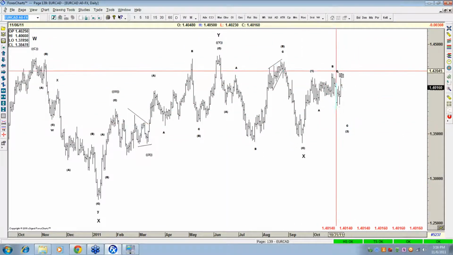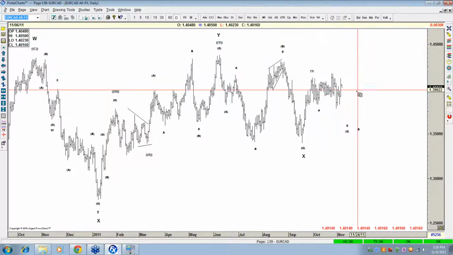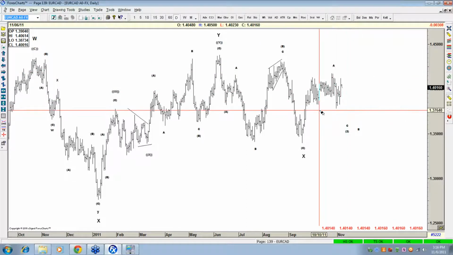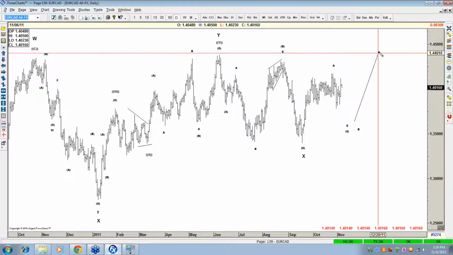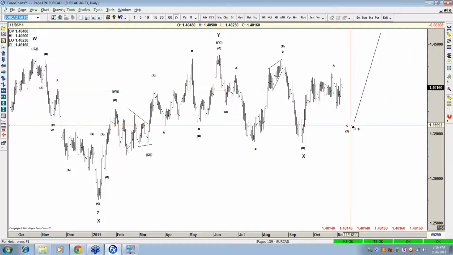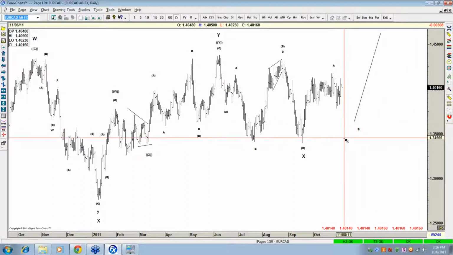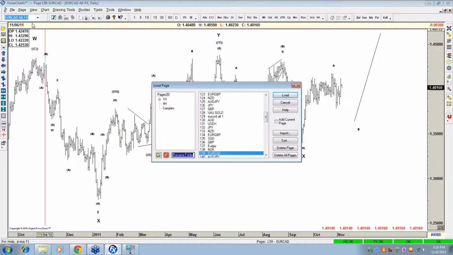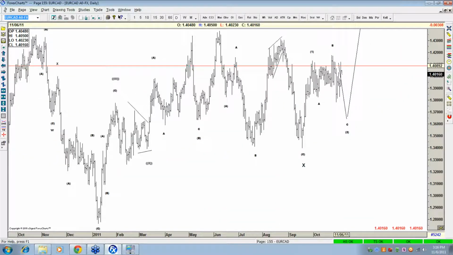So technically speaking, that's telling me this is A, that we are in B, and this idea is supporting that the euro dollar, for example, is on the B wave of the C wave of E. And then right there, you should find on the weekly the final high.